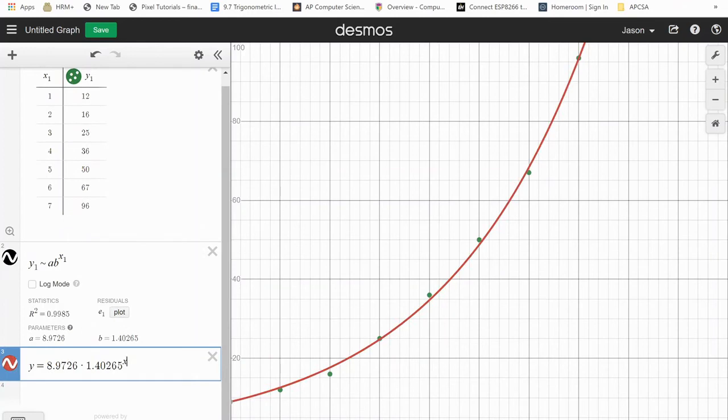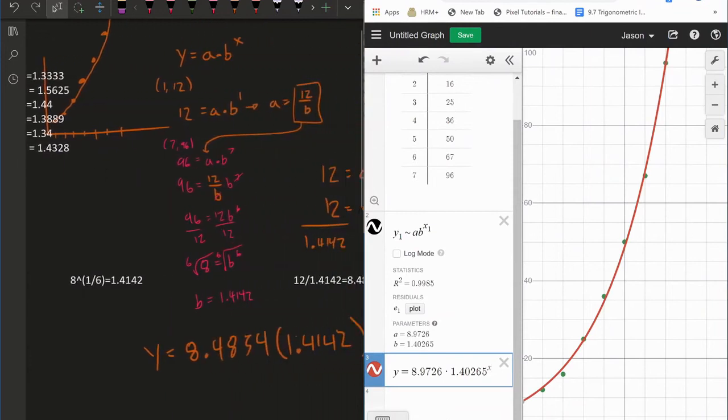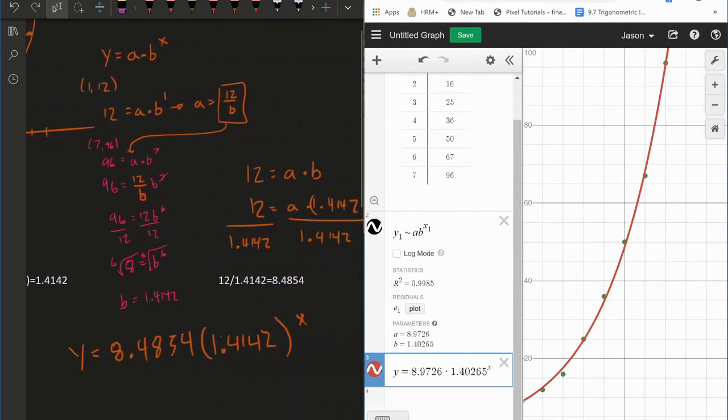Now comparing that to the work that I did by hand, my A that I got was 8.4854. This one was 8.9726. My B was 1.4142, where this is 1.40265.